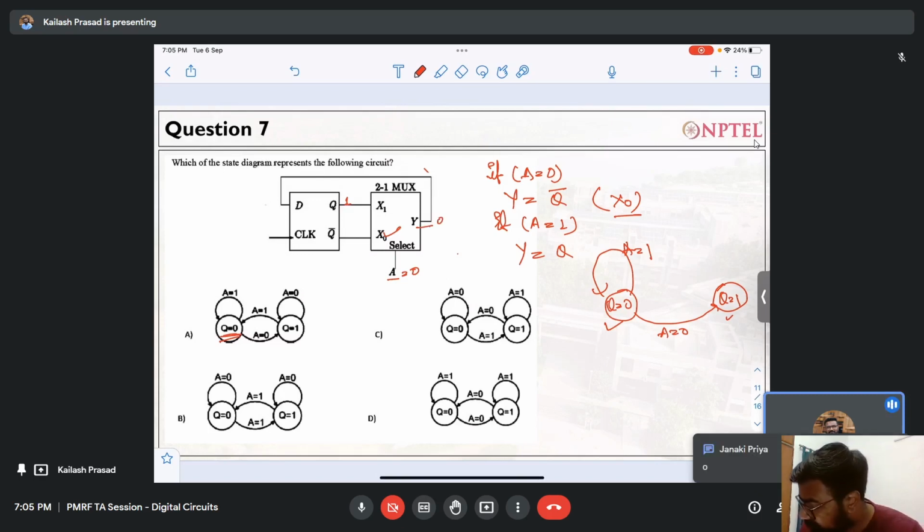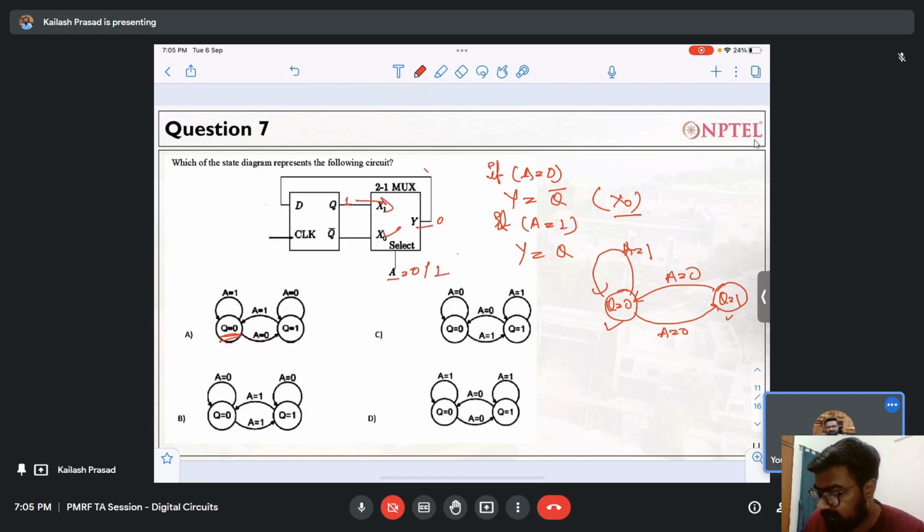Means if a is 0, it is changing the state, and if a is 1, right, the q will be selected and it will remain as it is, right? So if a is 1, it will remain in q equal to 1. Okay, which of the options is it saying?